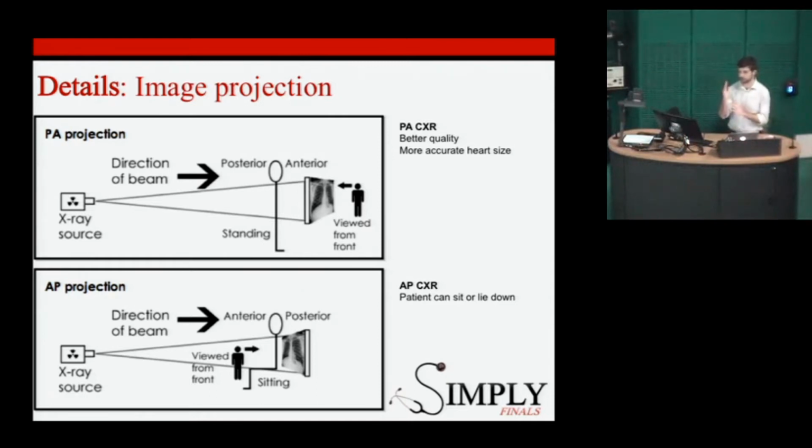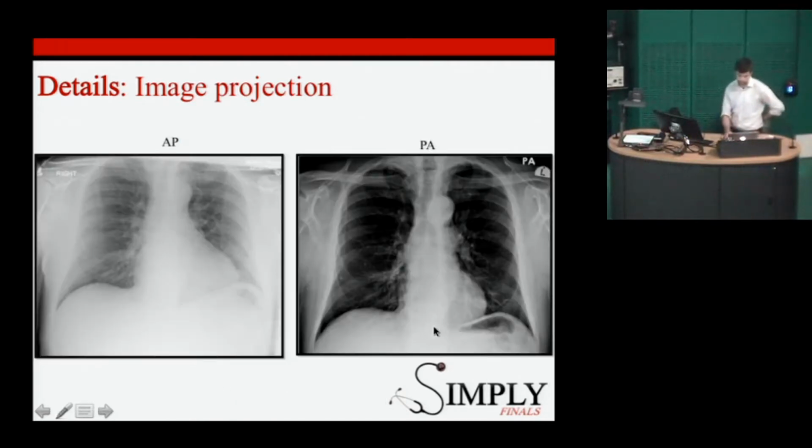So the patient has to be sitting upright or standing up like this, and then the x-ray comes from behind, and you get a better quality or a more accurate image of the heart. So PA is optimal, but for some people too old, too ill, or a lazy radiographer, you'll get an AP chest x-ray, which isn't ideal, especially for monitoring, for measuring the heart.